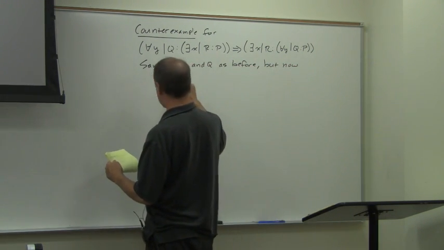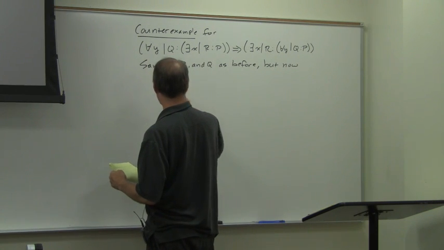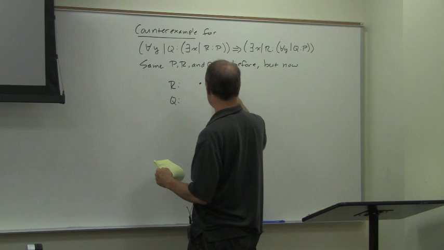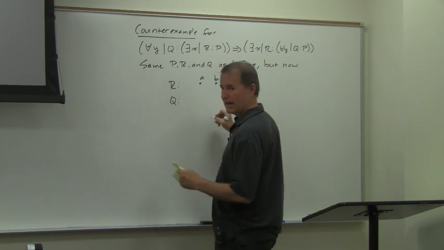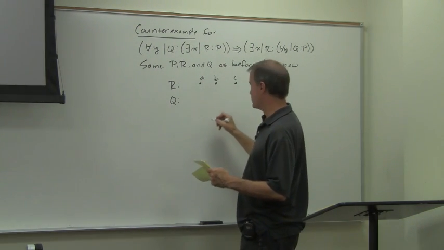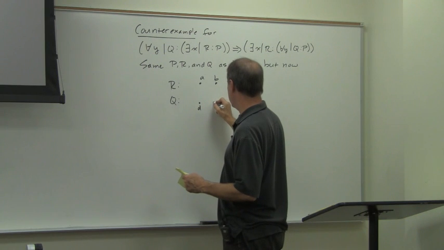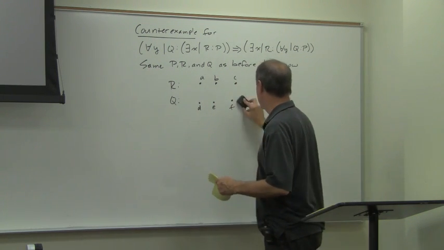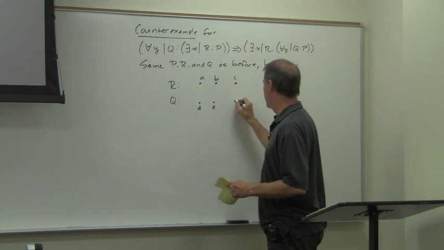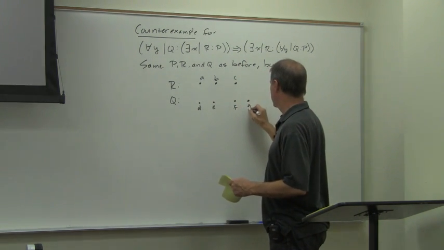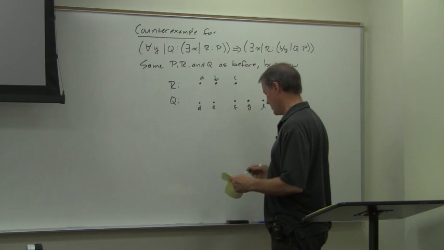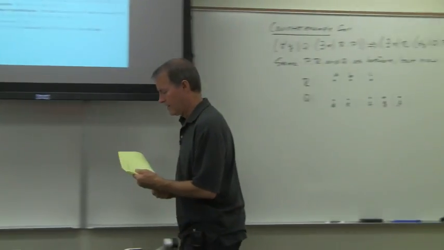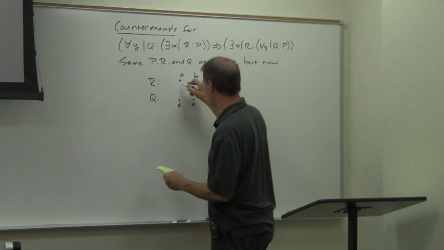But now suppose it looks like this. Here's the R, and here's the Q, and R is still A, B, and C, and Q is still D, E, F, G, and H. But now let's suppose that the, Gale, oh, you have a name.